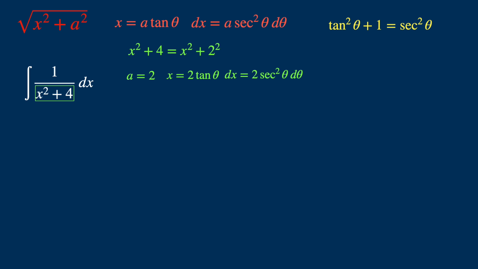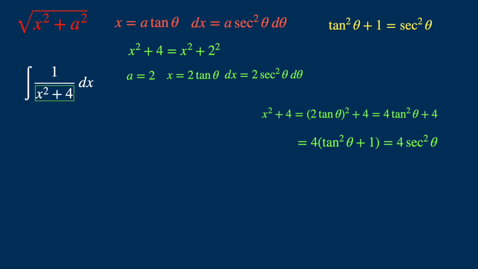Now we're going to simply plug back in x equals 2 tangent theta. So x squared plus 4 means 2 tangent theta squared. 2 squared is 4, tangent squared plus 4. So we have 4 tangent squared theta plus 4. The common factor is 4, so that's going to be tangent squared theta plus 1.